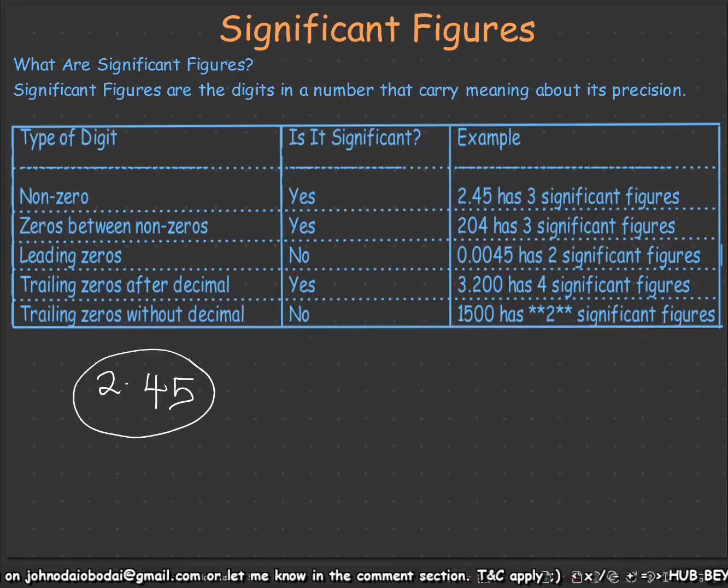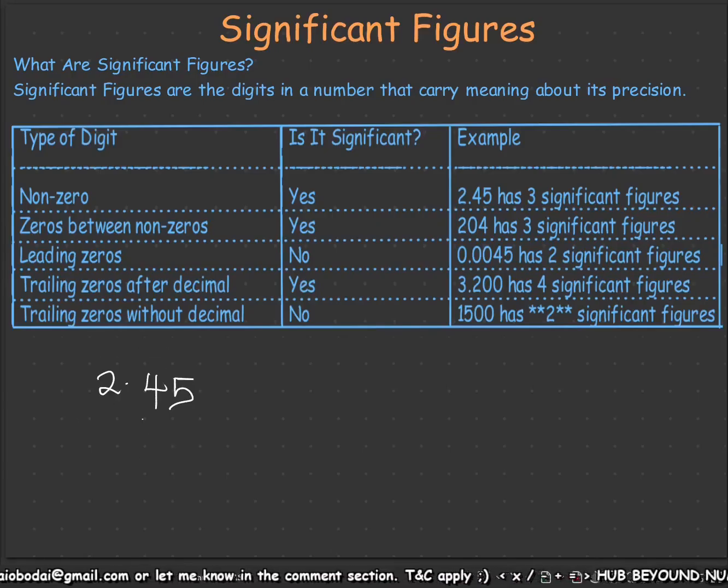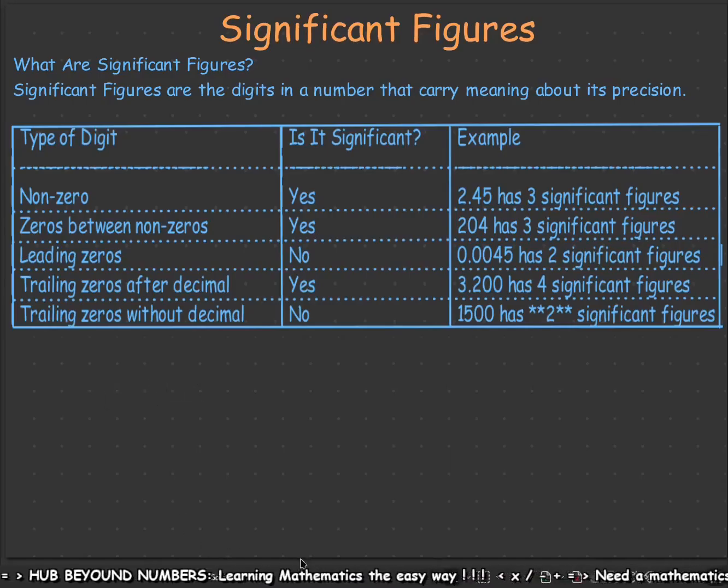So we can straight away say that this number has 3 significant figures. Take note, it has 3 significant figures. So any number that is not zero, we say it's significant. It doesn't matter where the number appears. That is the first rule on significant figures.